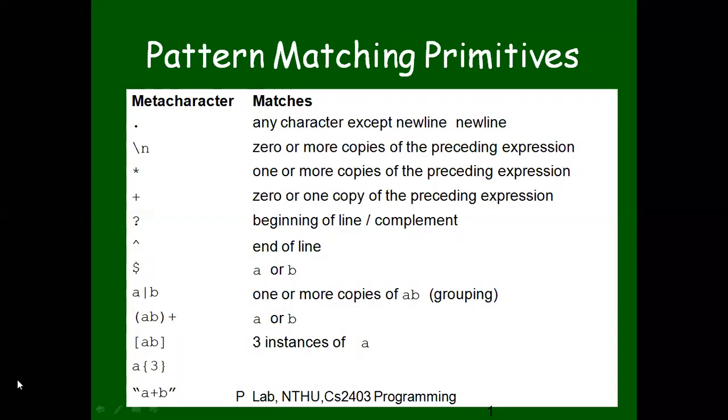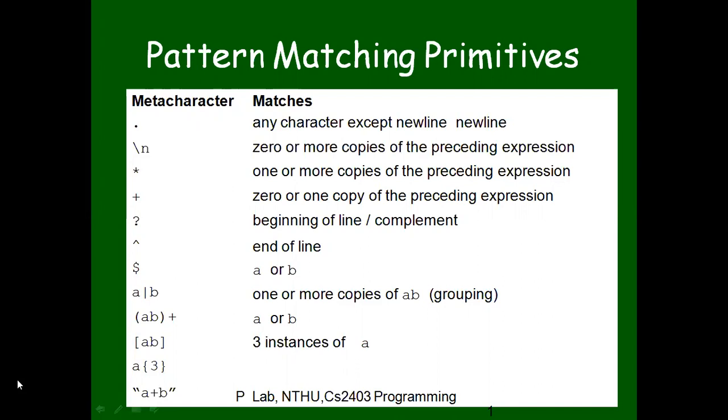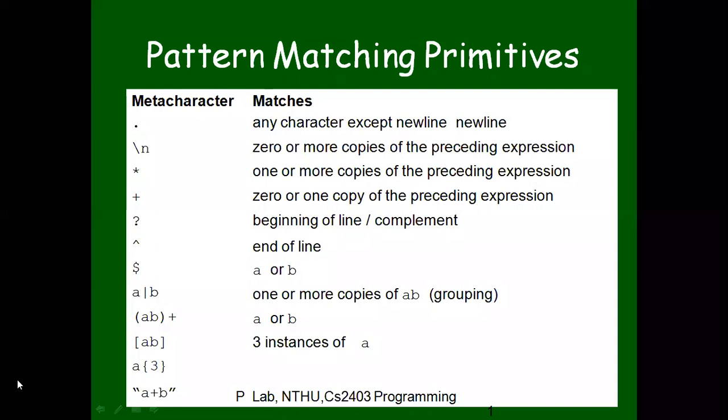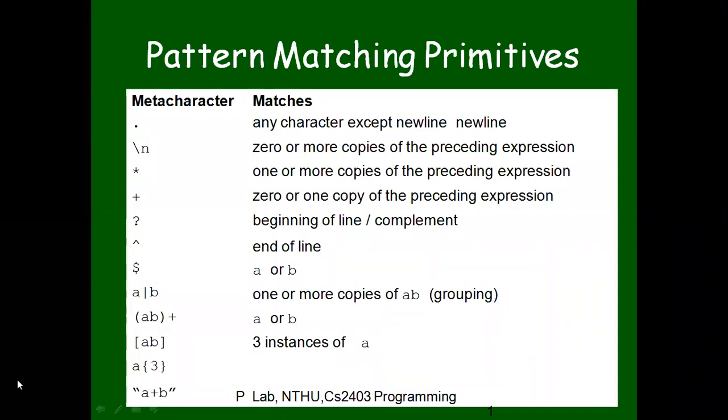And pattern matching primitives. If we have a metacharacter like dot, what it matches is any character except newline, \n. Star means 0 or more copies of the preceding expression, plus means 1 or more copies, and question mark means 0 or 1 copy of the preceding expression.